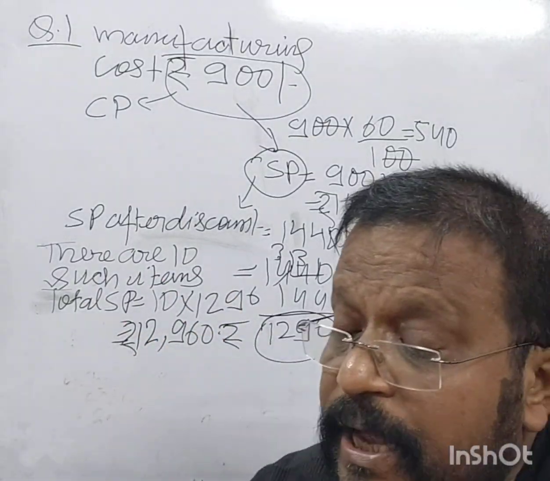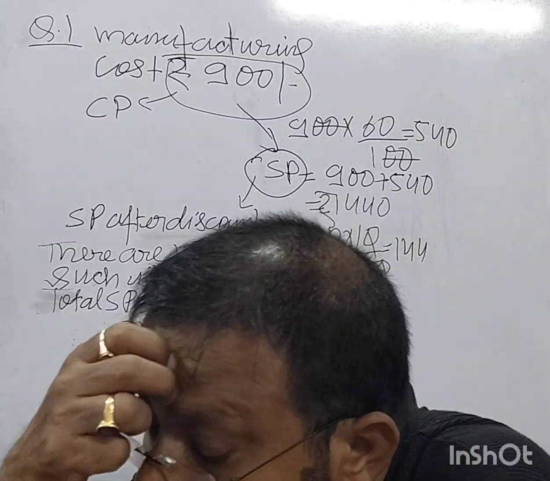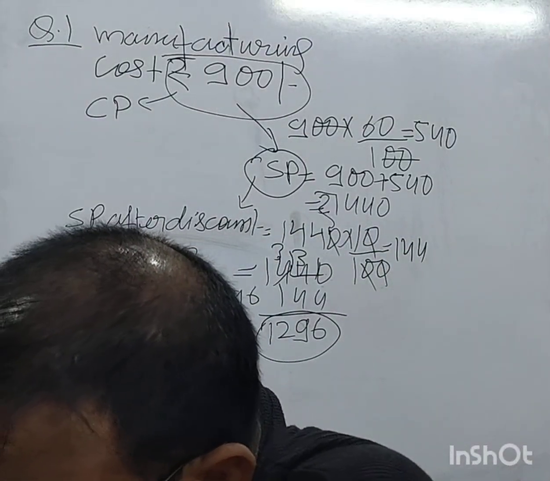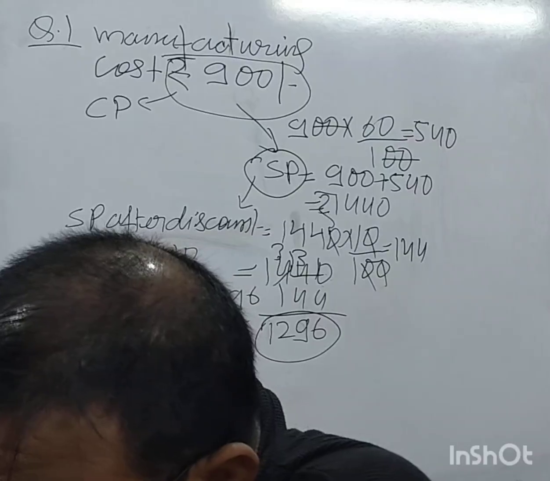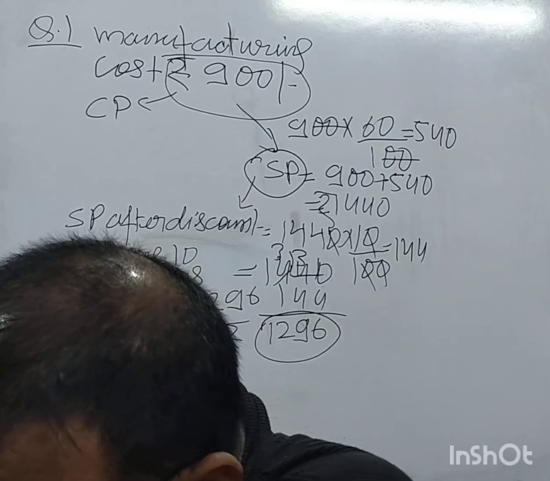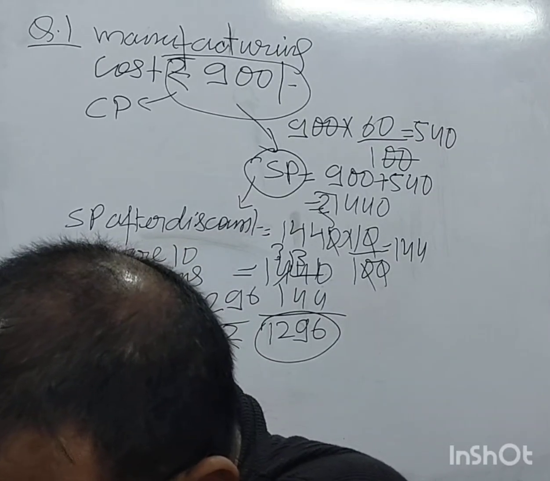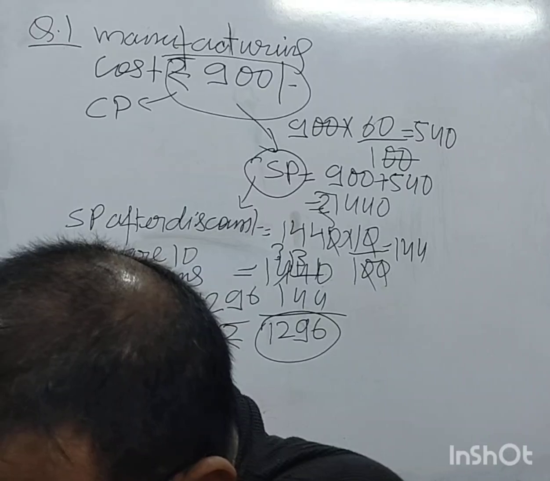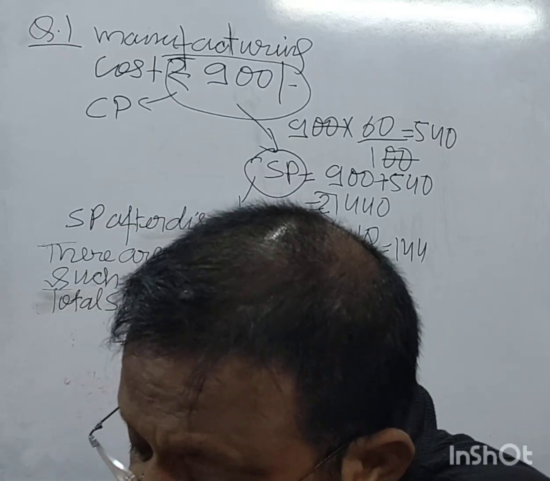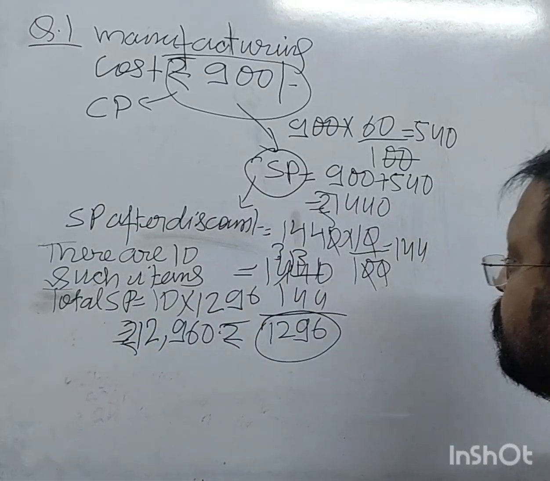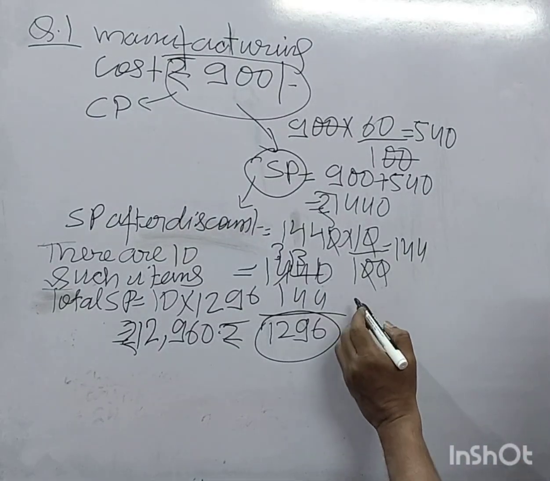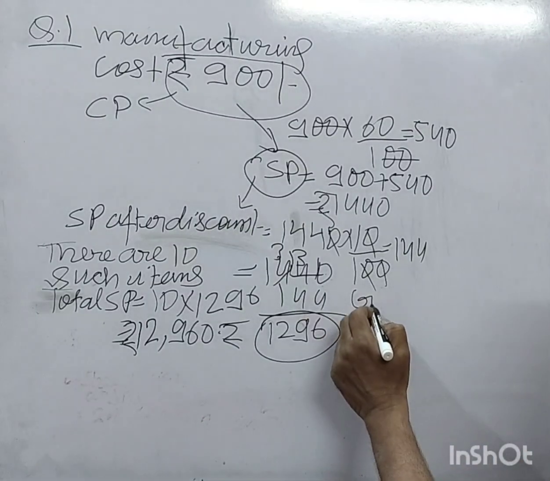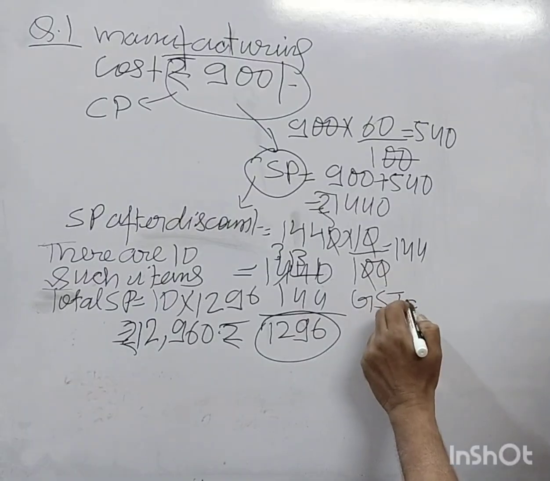He is asking for when the rate of GST is 10%, then the GST paid by him on purchase is. So GST is equal to 10%.